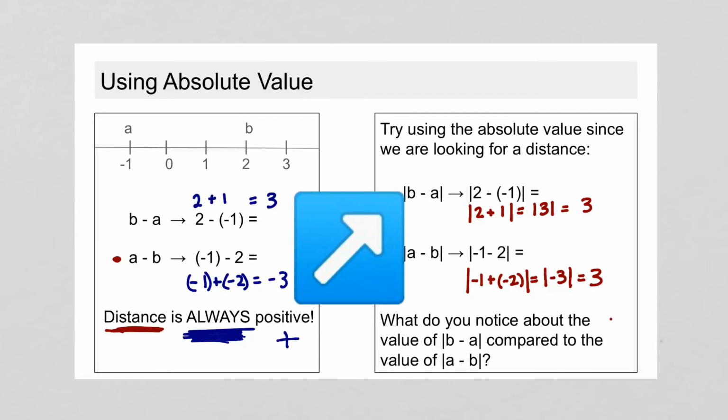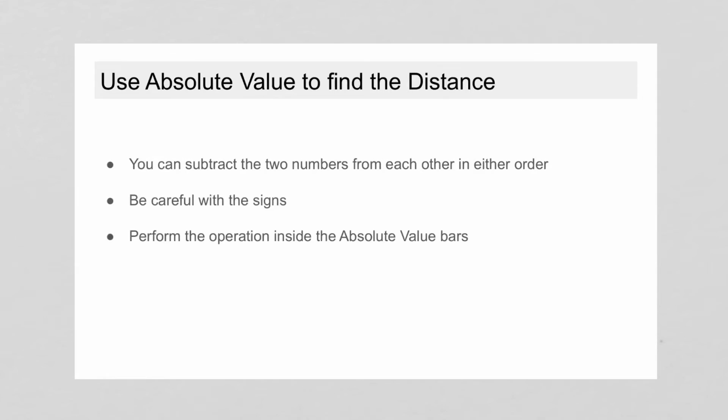So we noticed when we compared the value of this one, what do we know? Look at it. What is the value of this one compared to the value of this one? So whether I go from here to here or from here to here, we discovered that it gives us the same value, right? So we can use the absolute value to find a distance between numbers.